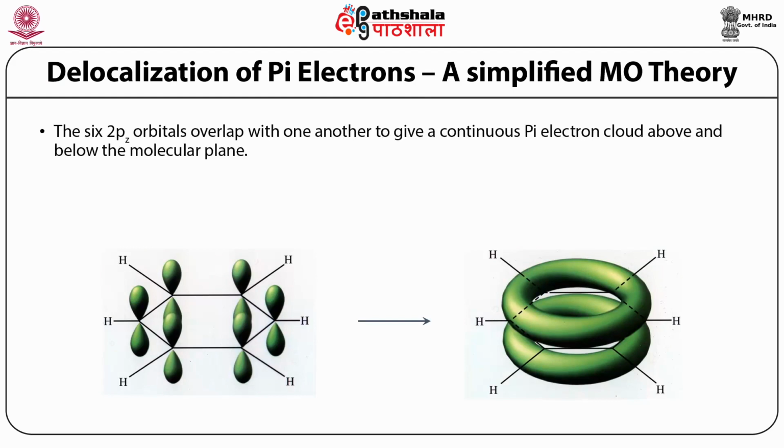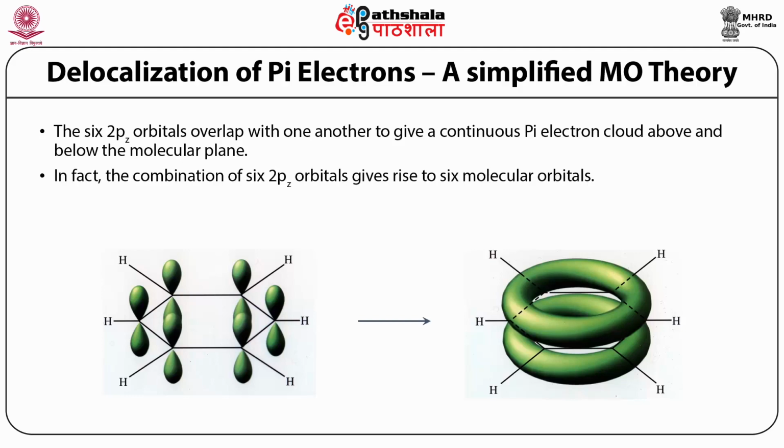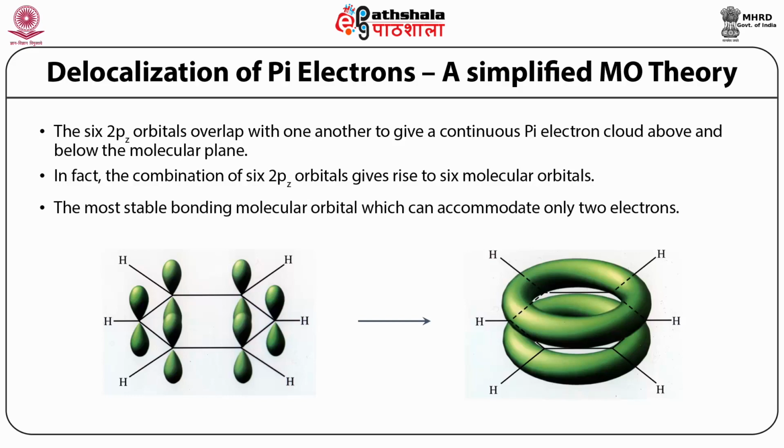Here there are 6 2pz orbitals which overlap with one another to give a continuous pi electron cloud above and below the molecular plane. In fact, the combination of 6 2pz orbitals gives rise to 6 molecular orbitals, the most stable being a bonding molecular orbital which can accommodate only 2 electrons.